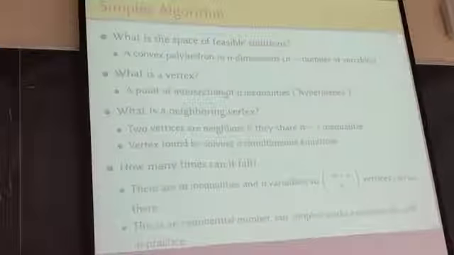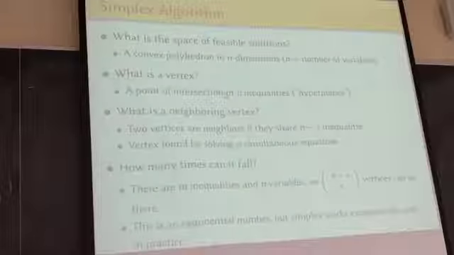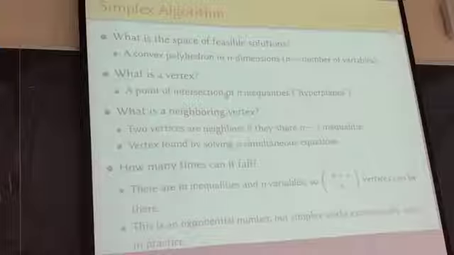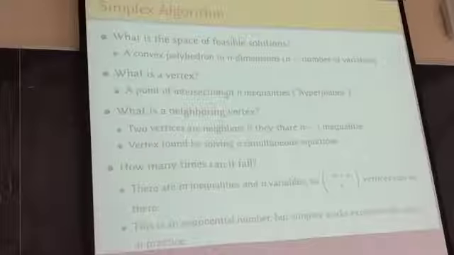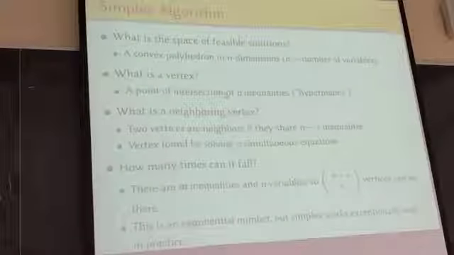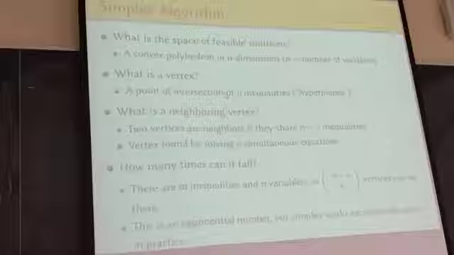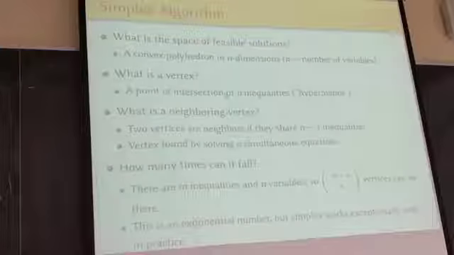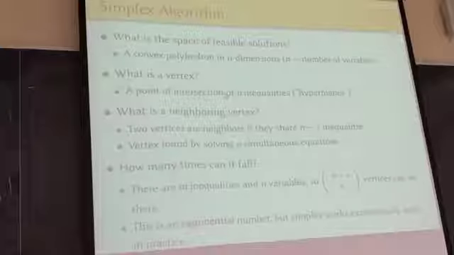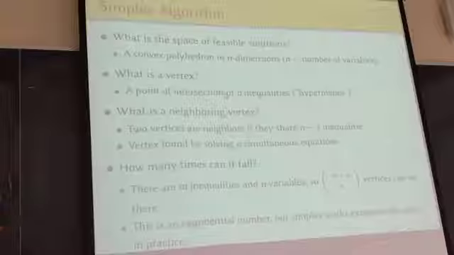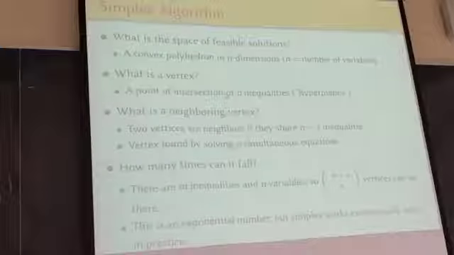So there will be m choose n, which is still exponential in m and n. That tells you that even though the simplex algorithm seemed like a simple way to do it, you just go from vertex to vertex, in higher dimensions it becomes an exponential algorithm. In fact, the simplex algorithm has a worst case upper bound that is exponential.